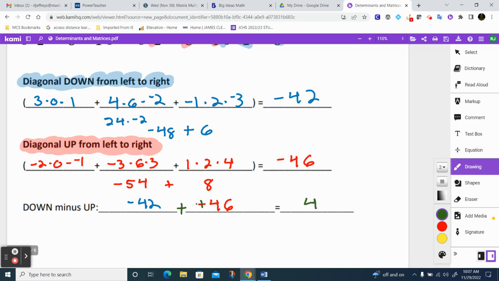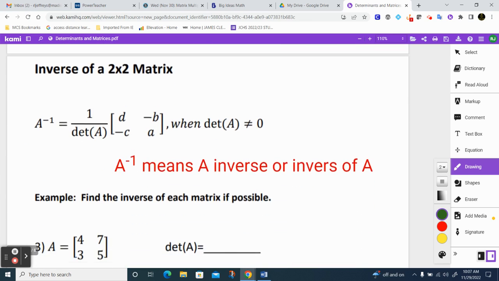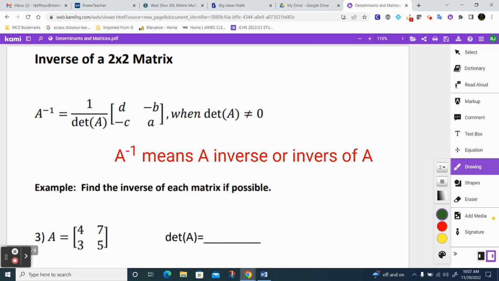Okay, so all right, all right. On the back of your handout, not a whole lot. Okay, thanks.